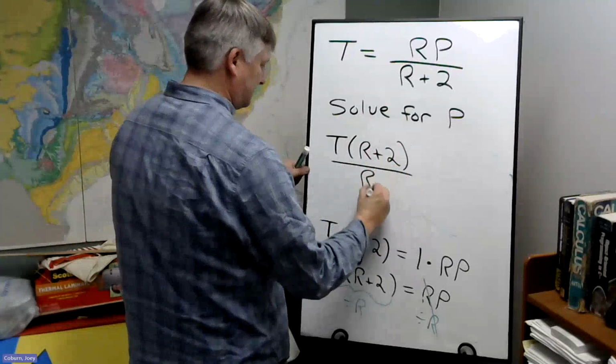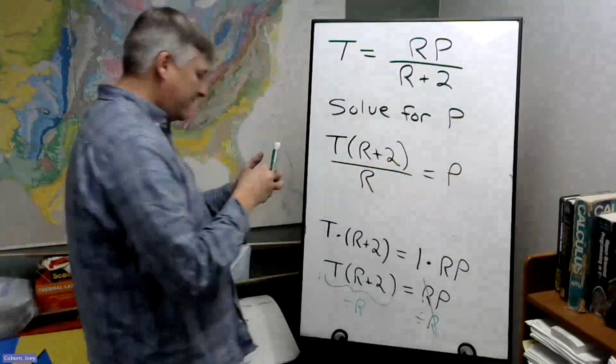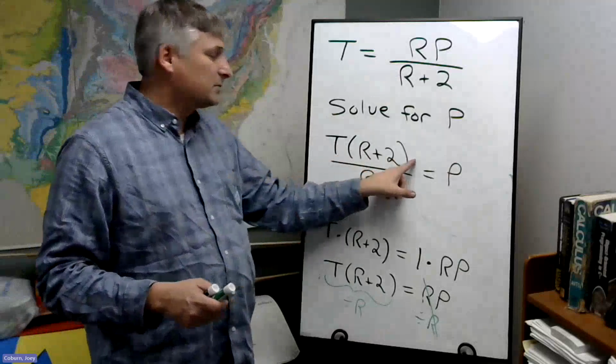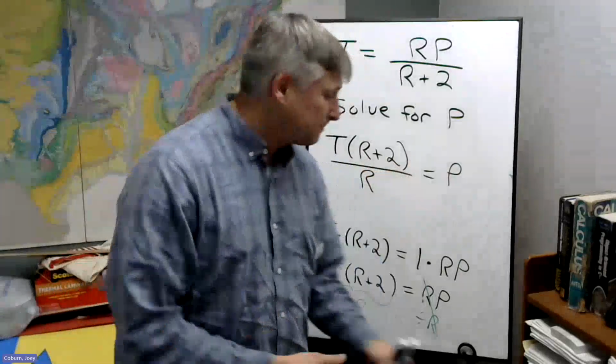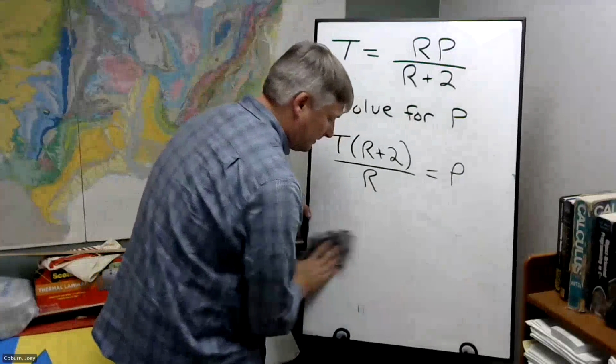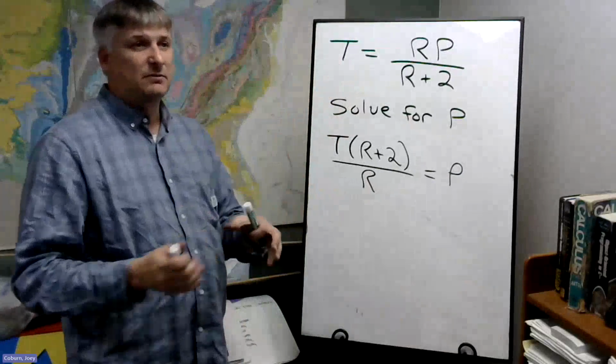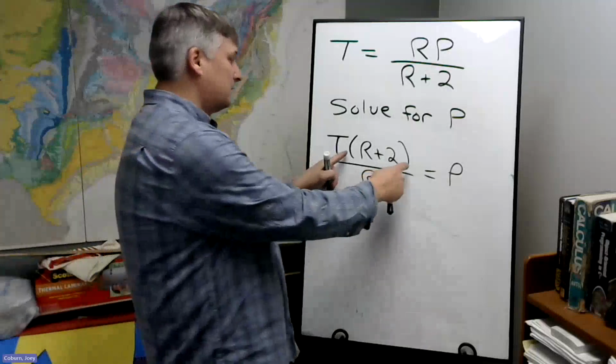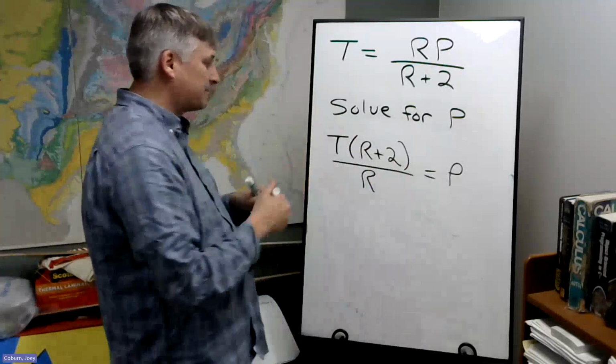It's going to be this. And you might be saying, well, wait a minute, this is a little different because when you did it last time, the t was over here. And that's perfectly fine. With multiplication, order doesn't matter. This is t times whatever's in the parentheses here.